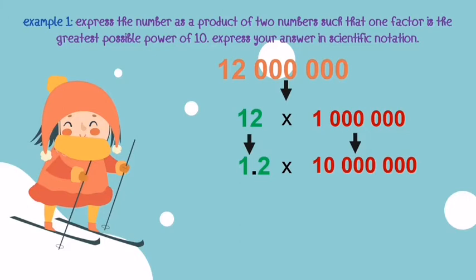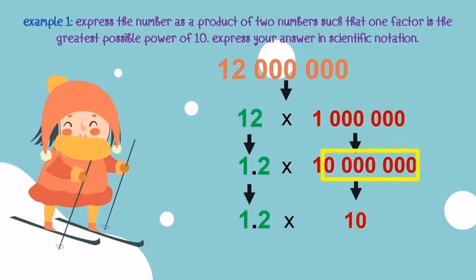Alright, let's express 10 million in its exponential form. Let's first bring down 1.2. Now, write the power of 10. But first, let us count the number of zeros.